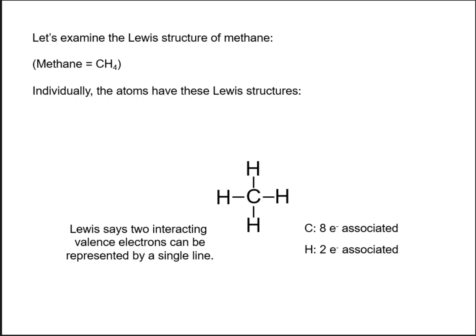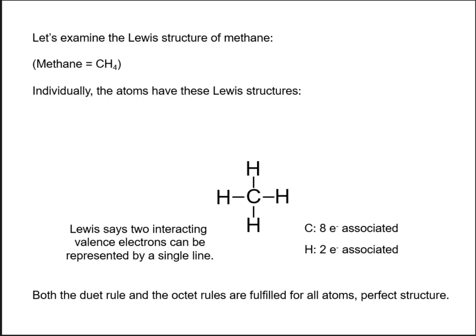So each dash or single line represents a covalent bond between 2 nonmetals, and each single line stands for 2 electrons, and those are basically bonding electrons. Now if we look at the CH4, duet and octet rule both are fulfilled. Carbon has 8 valence electrons and hydrogen has 2 valence electrons, so this is the perfect Lewis structure for CH4.